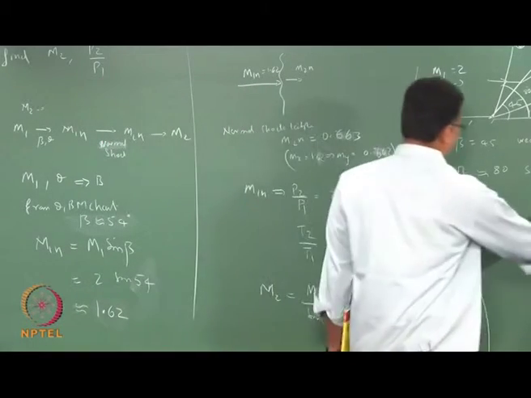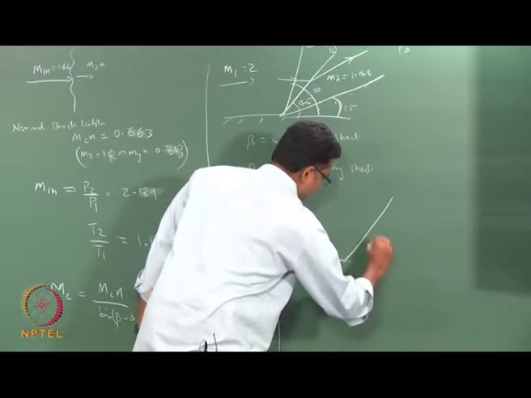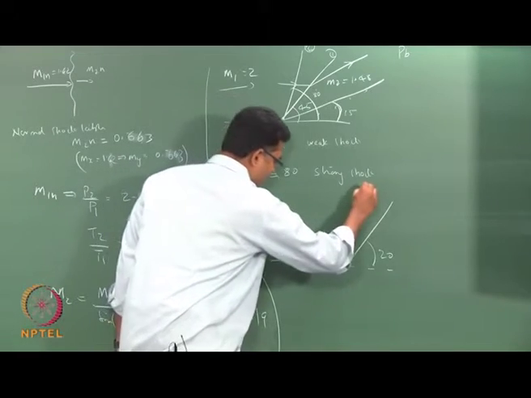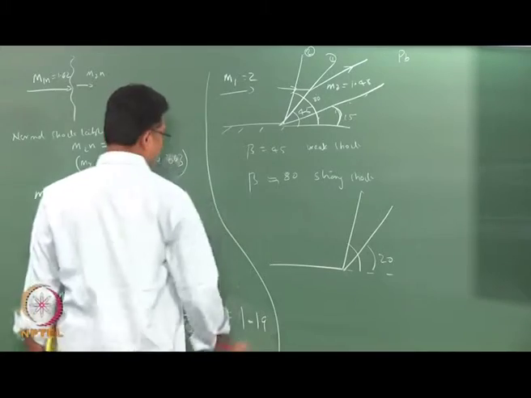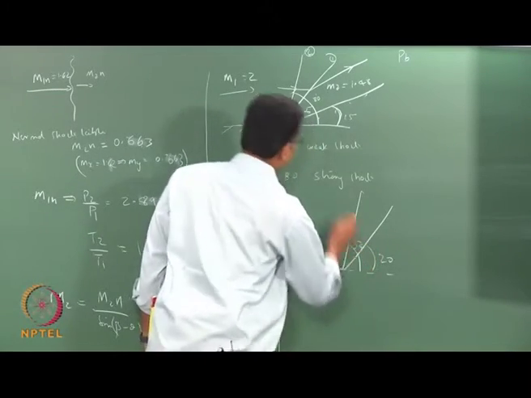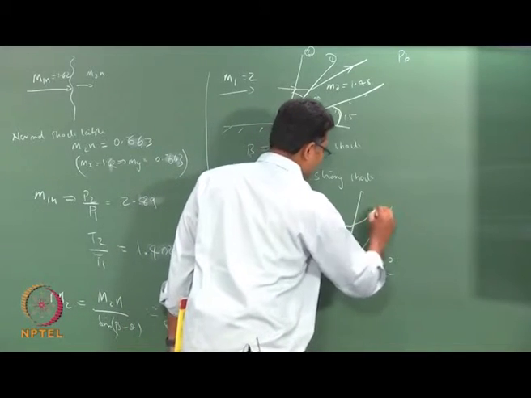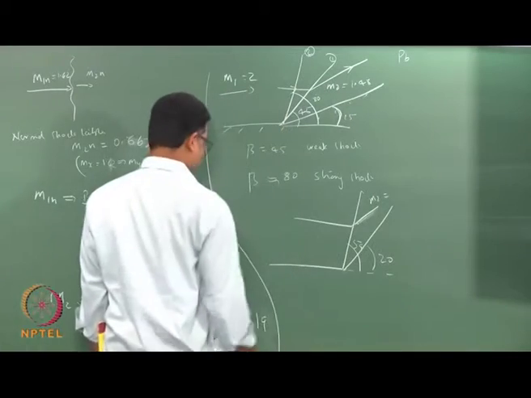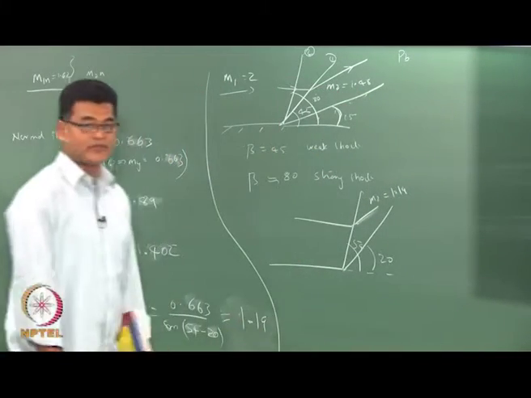So, now when I increase my deflection angle from 15 degrees to 20 degrees, now I have a shock with a beta of 54 degrees instead of 45 degrees, and my M2 is 1.19 instead of 1.48 previously.